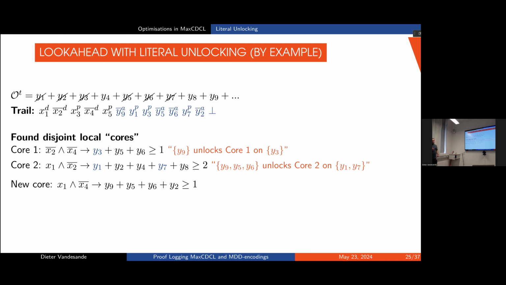So now I have the feeling that if I look at all of the literals from y1 until y9, I could say that 4 of them need to be true. But is that actually true, what I'm saying right now? First try: let's just add them up and see if we can do the same thing as we've been doing all the time already.